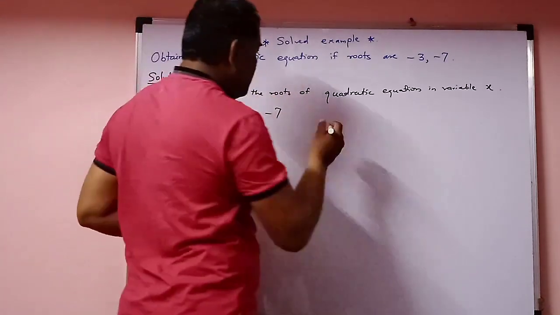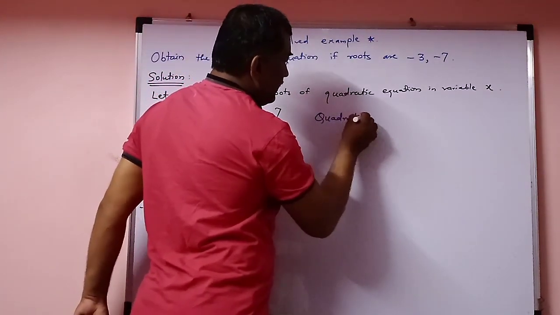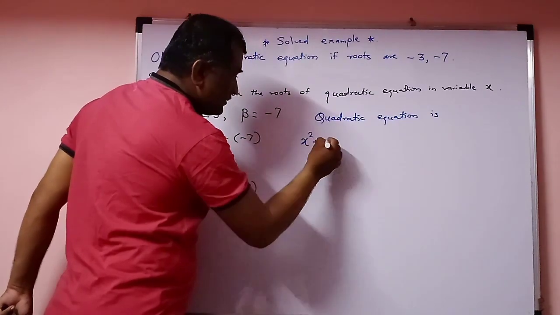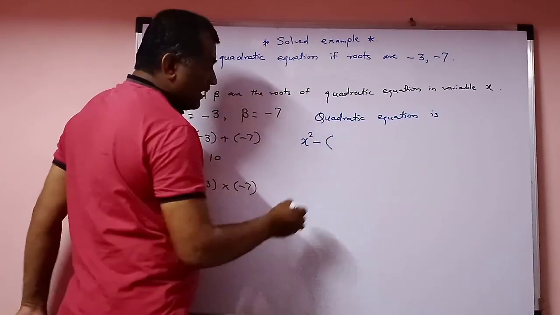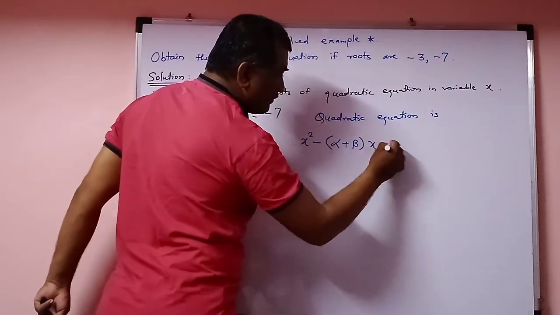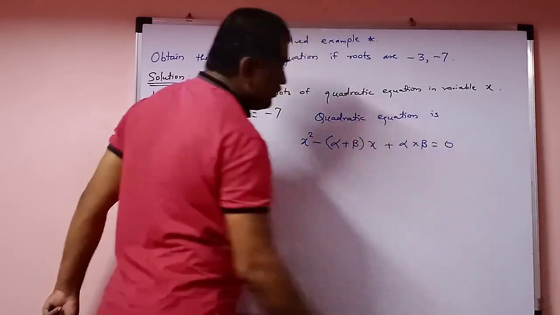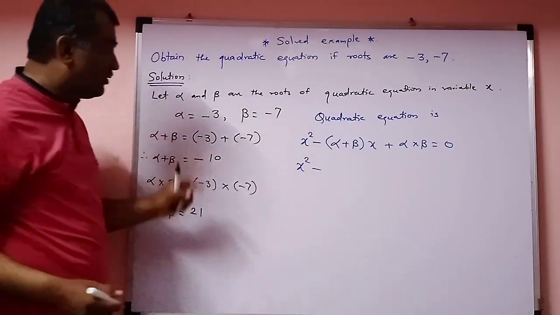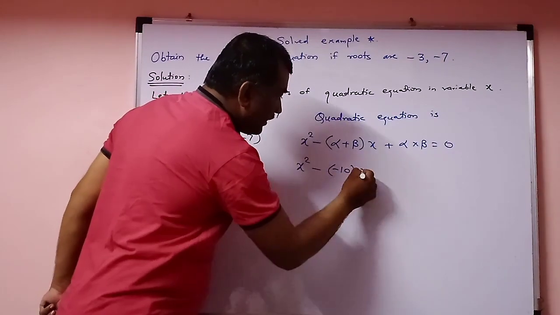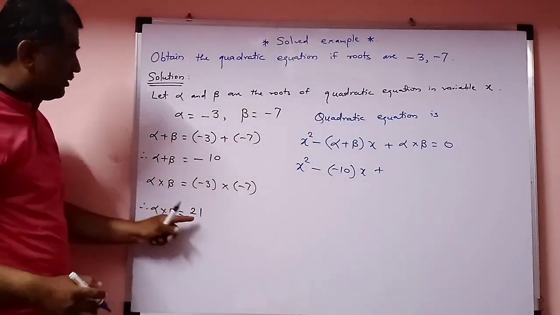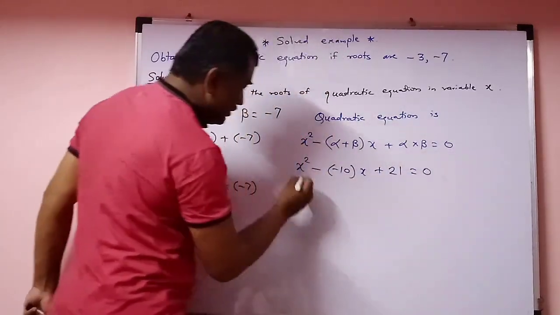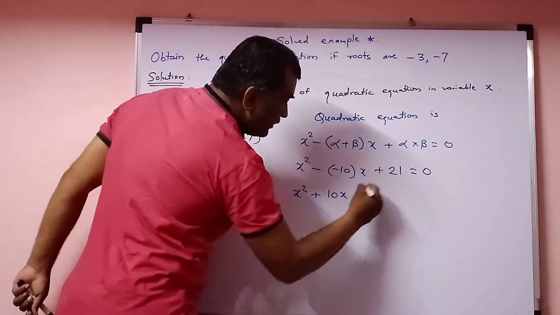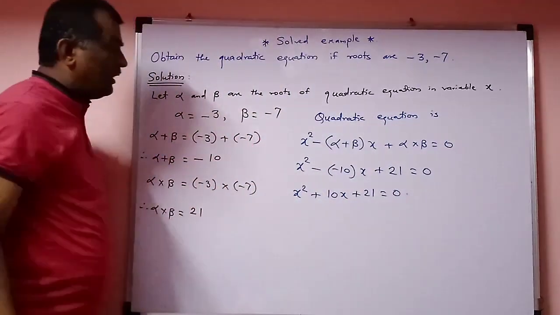Then the quadratic equation is x square minus into bracket alpha plus beta x plus alpha into beta is equal to 0. x square minus alpha plus beta is equal to minus 10 x plus alpha into beta is equal to 21 is equal to 0. x square minus into minus plus 10x plus 21 is equal to 0 is the required quadratic equation.